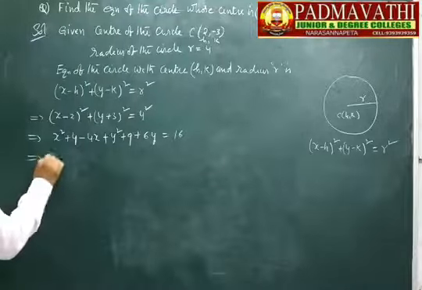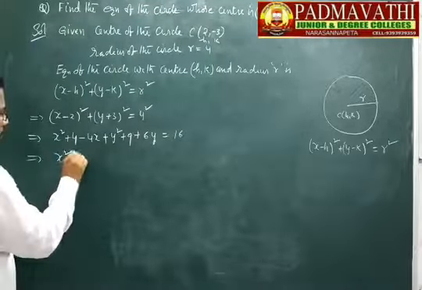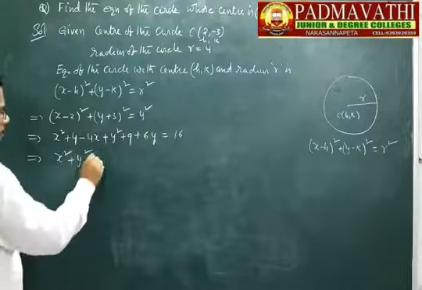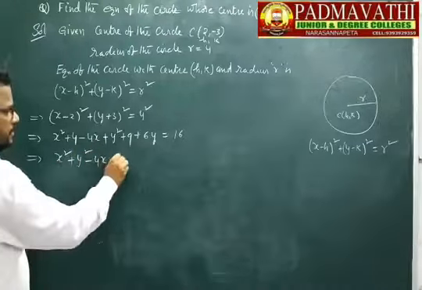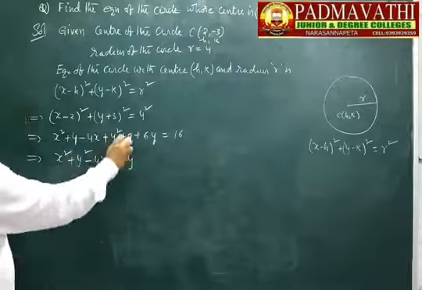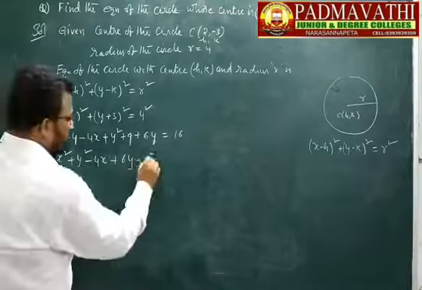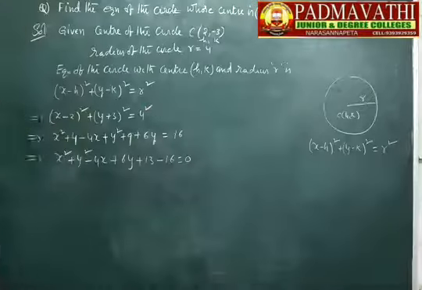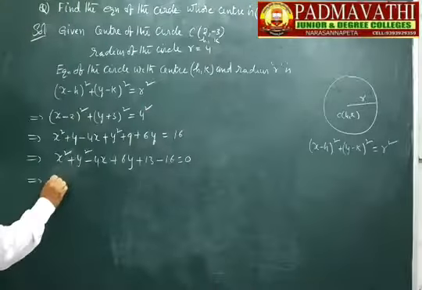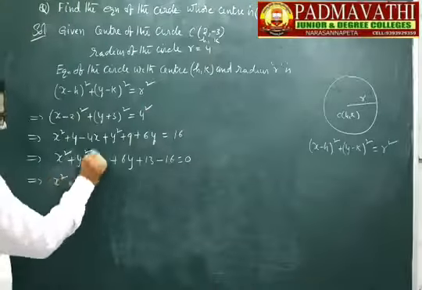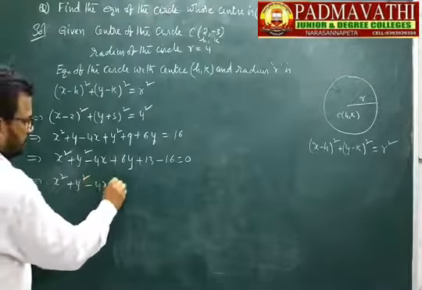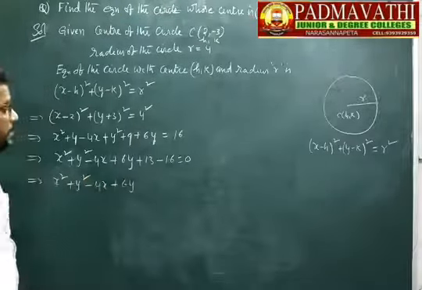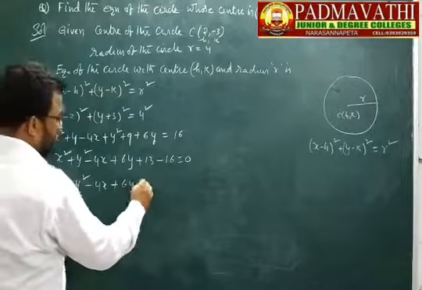That implies x² + y² - 4x + 6y + 13 - 16 = 0.